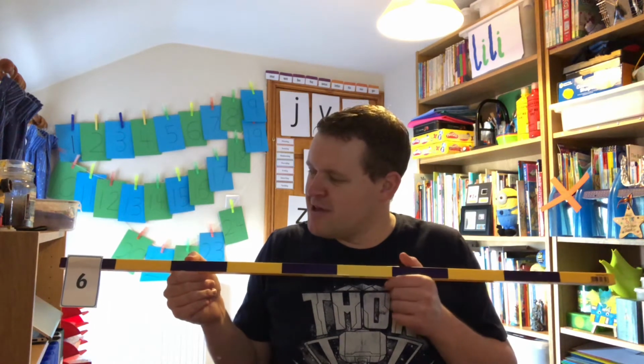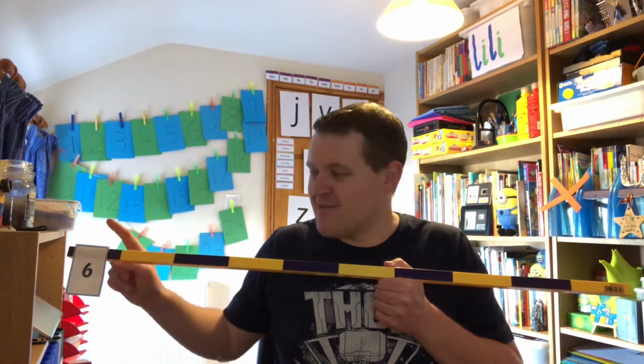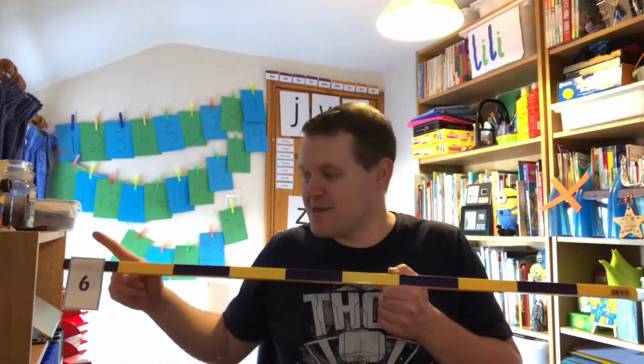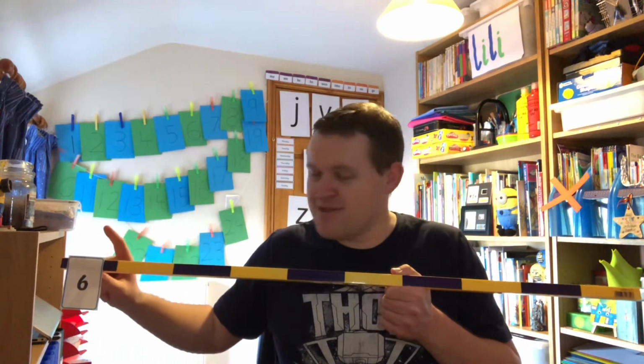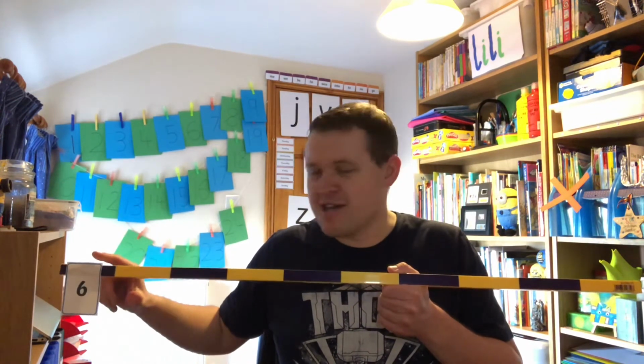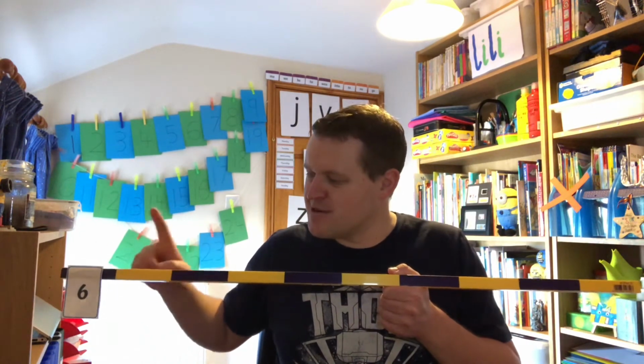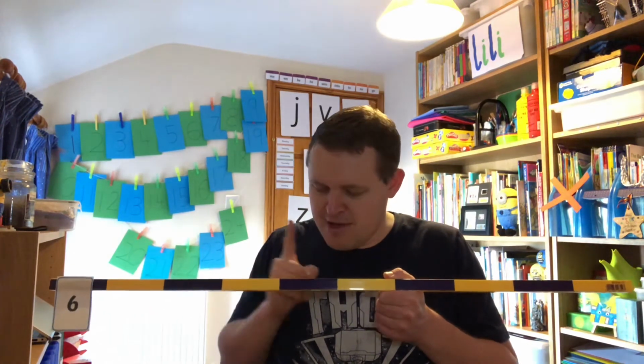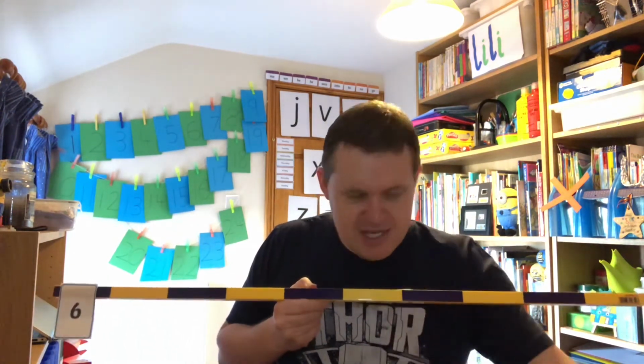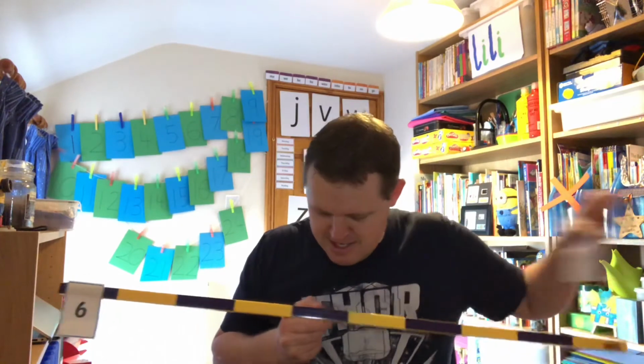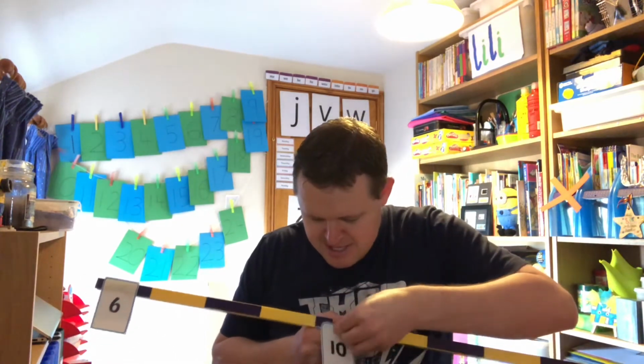You worked it out? Well, a minute ago we just said that 4 and 6 makes 10, so that means 6 and 4 makes 10. So I know that I've got 6. I'm going to add on 4 and see where we get to. 1, 2, 3, 4. So I think number 10 should land here on the counting stick.